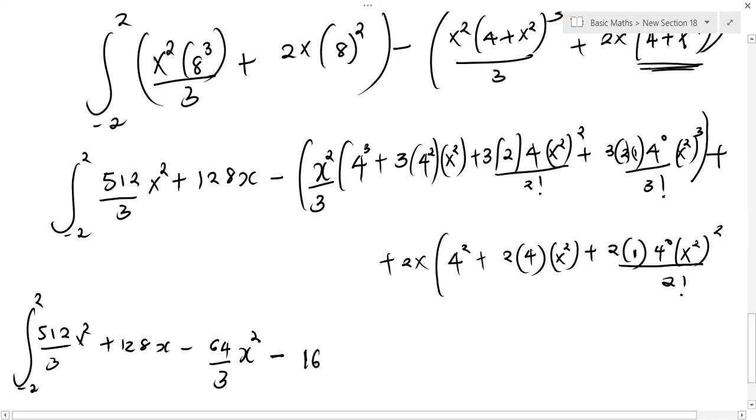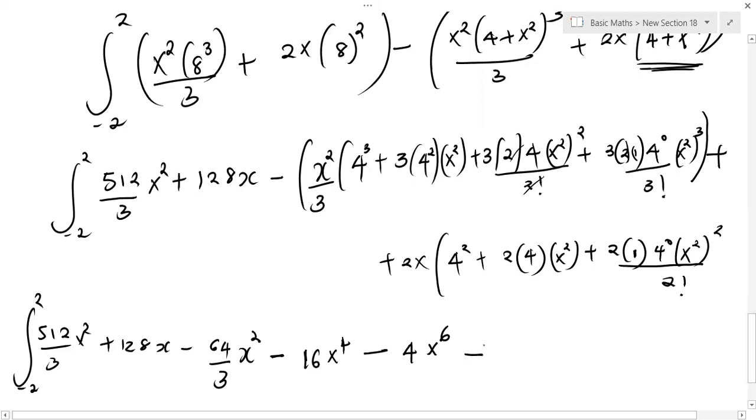So 16, and our x is now raised to power 4. Then minus again, so 2 factorial go with 2 factorial, then you have 4. 3 will go with 3, so you'll have 4x raised to the power 4, and then this x raised to power 6.